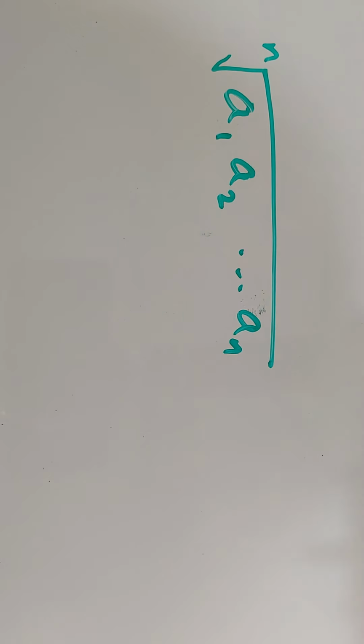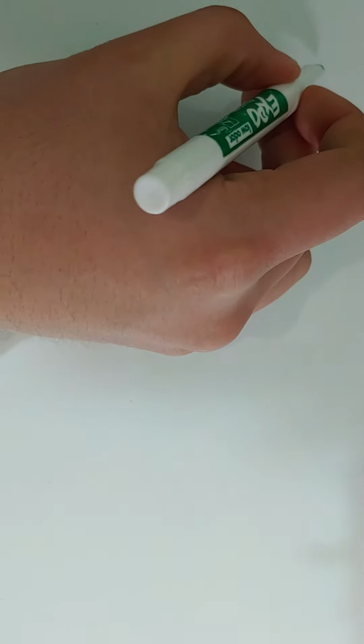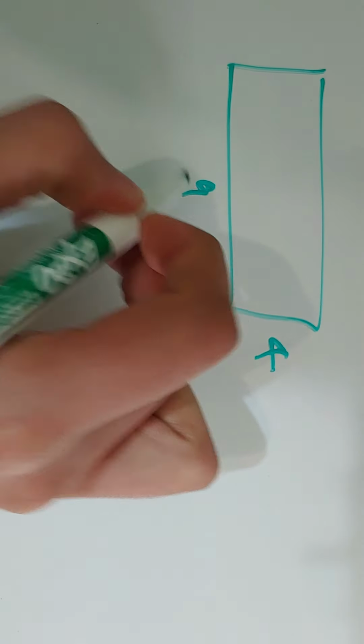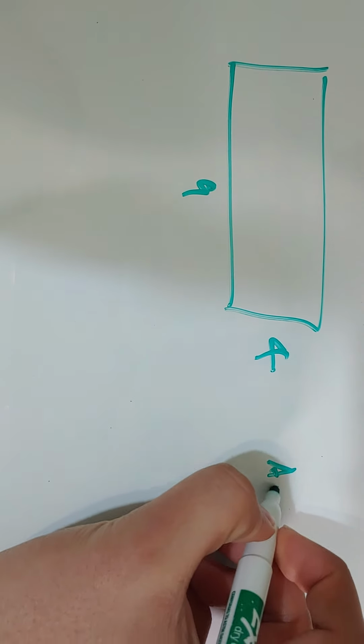Now, let's look at a situation where the geometric mean might show up. Say we have a rectangle that is 4 by 9. That'll have an area of 36.